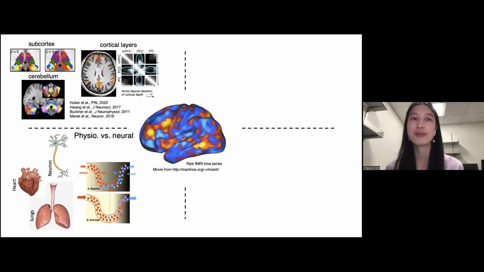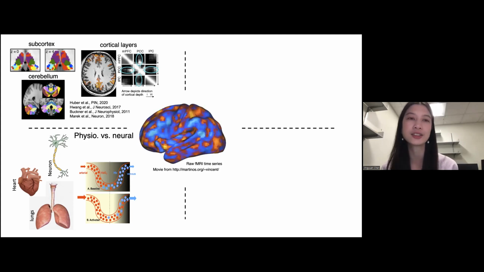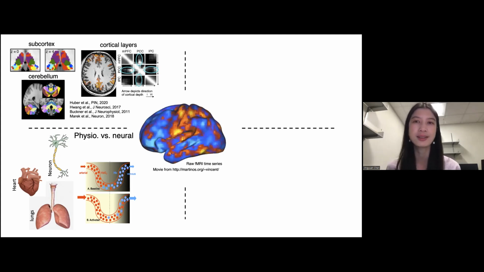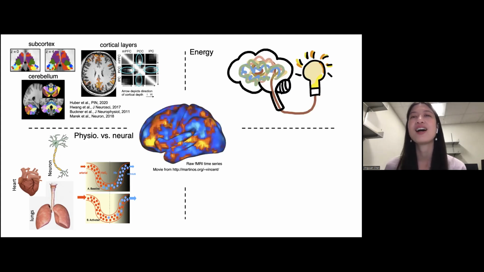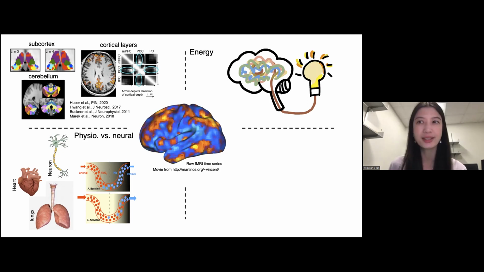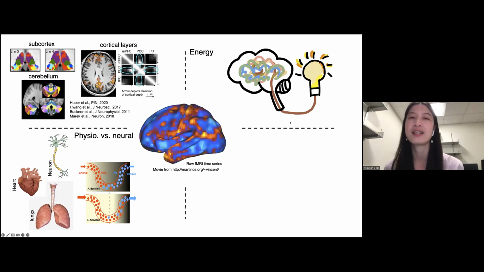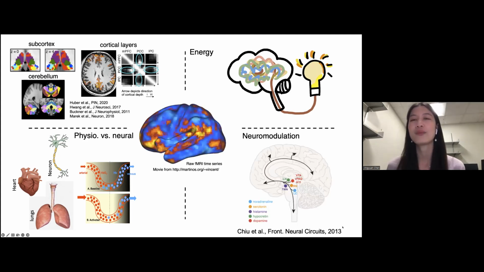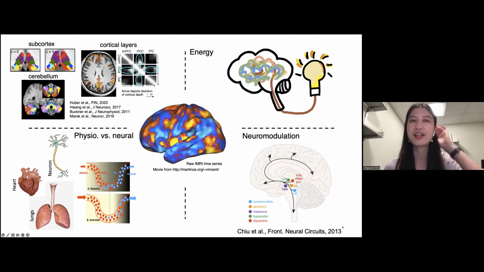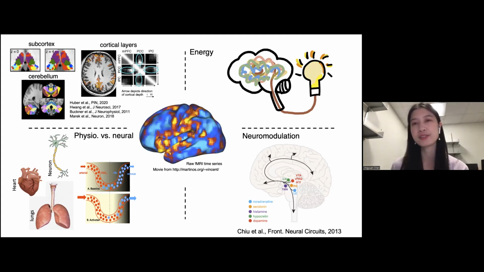And whether we can combine multimodal imaging such as PET and EEG to help elucidate some physiological and neuronal changes seen in functional magnetic resonance imaging. And whether we can combine PET and fMRI to look into the energetic underpinnings of large-scale brain changes. And finally, we can probe how brain functional dynamics change in response to the release of a specific neuromodulator.